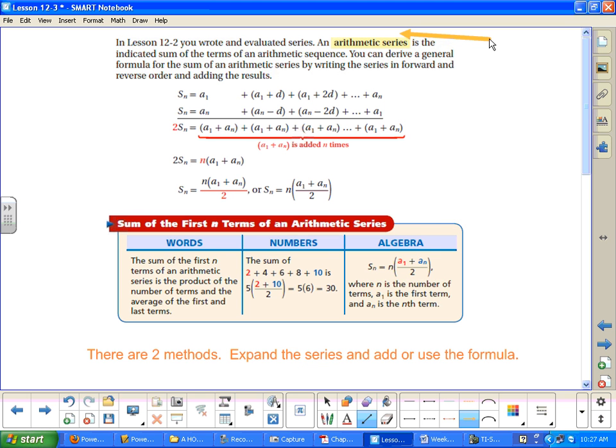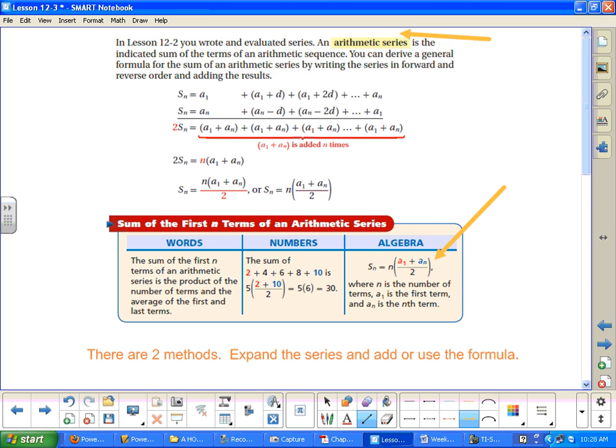Or there's actually a formula we can use to find the sum of an arithmetic series. This says if we want to find the sum of n terms, which, if it's 8, then I would put 8 in for n, we take that value for n and multiply it by a sub 1 plus a sub n divided by 2. So to find the sum of an arithmetic series, we need to know the first term, the last term, and how many terms there are.